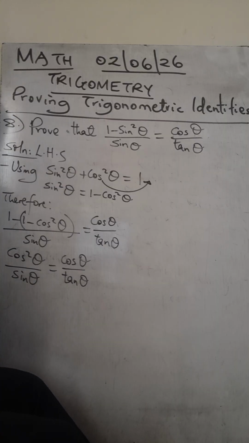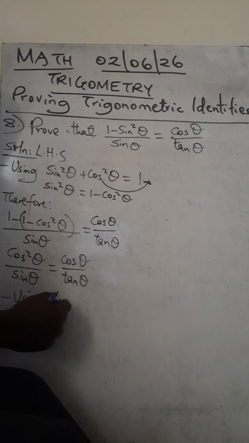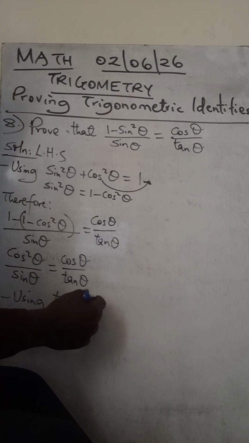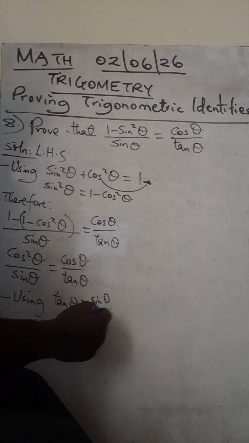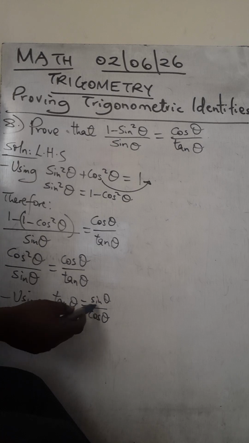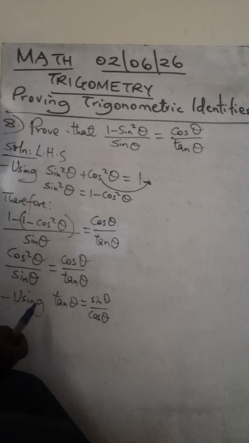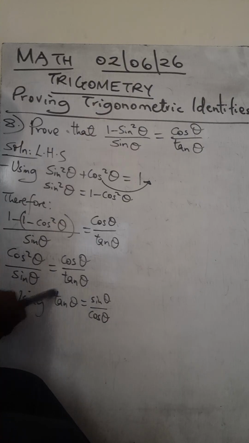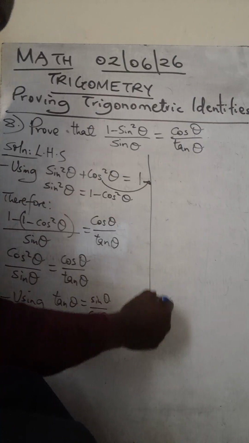I can also use tangent of theta equals sine of theta over cosine of theta. How can I use this one in this? This is what you are going to do.